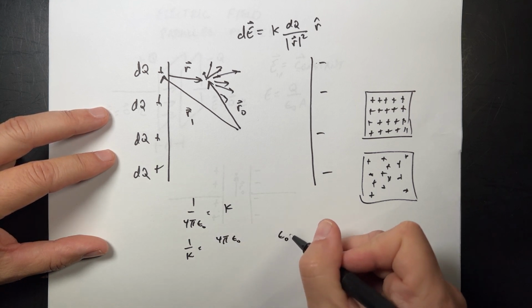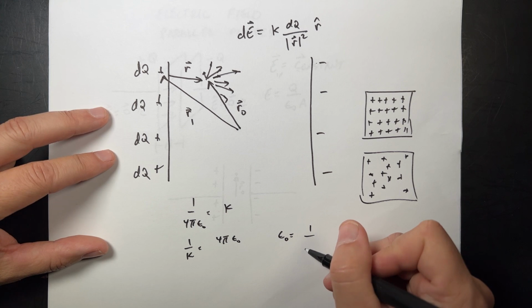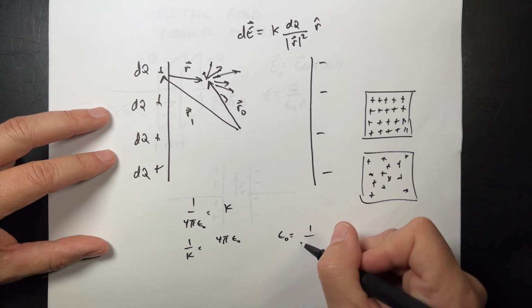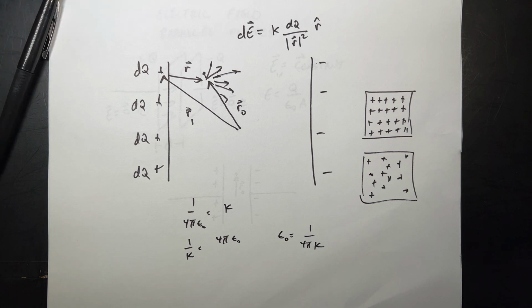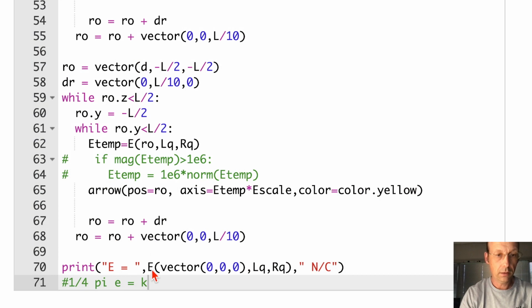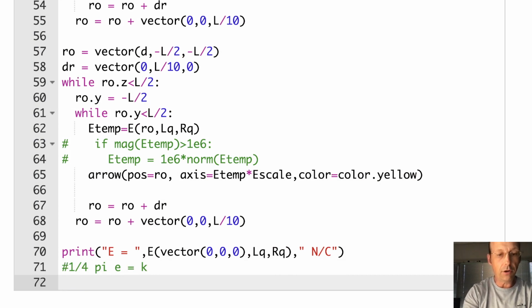So epsilon naught is going to be 1 over 4 pi k. Okay. Switching back. So I'll call it ep, 1 divided by 4 times pi times k.